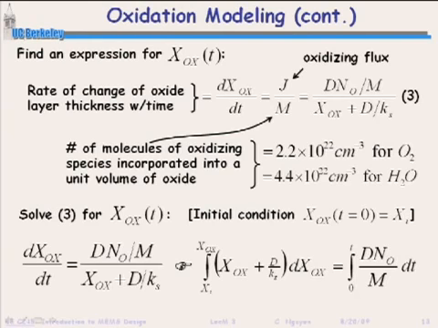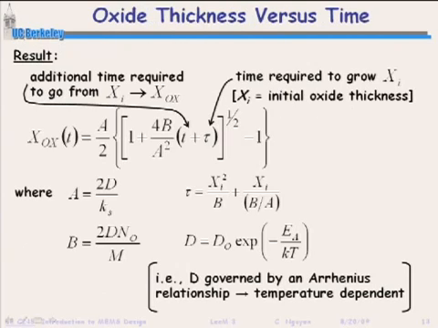Okay, and so this is an equation where this is the oxide thickness as a function of time. It depends on a constant A, which you can see depends on the diffusion coefficient and the chemical reaction rate. A constant B, depending on diffusion coefficient and the concentration of reactants that you're throwing at this thing here. This diffusion coefficient, D, has an Arrhenius relationship.